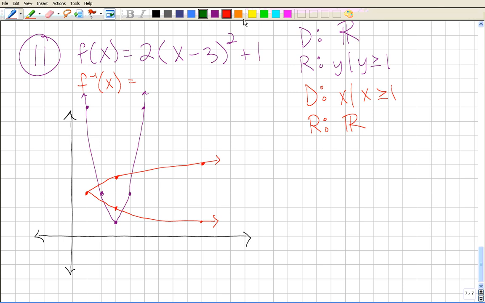But let's also find what the inverse function is for this. So let's find the equation for the inverse function. So if we had started with y equals 2 times x minus 3 squared plus 1. To find the inverse, we'll switch the x and the y.